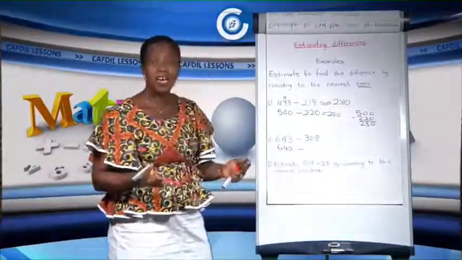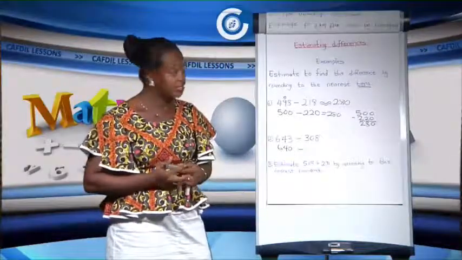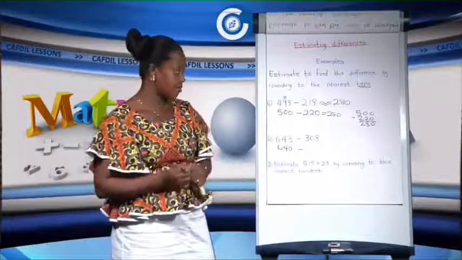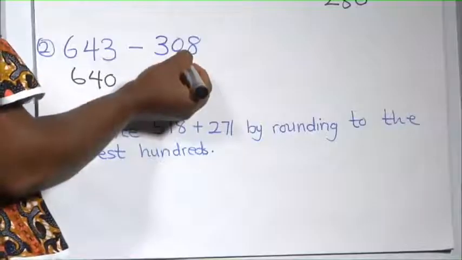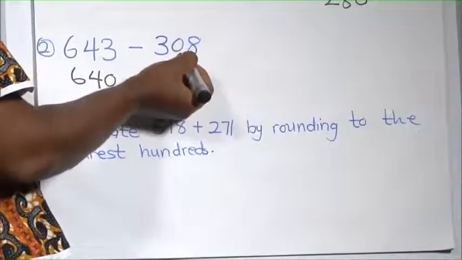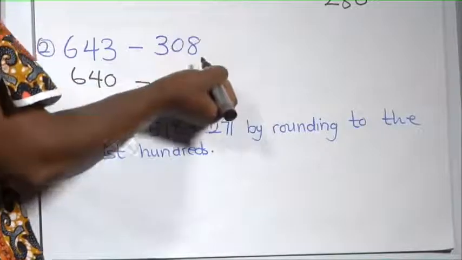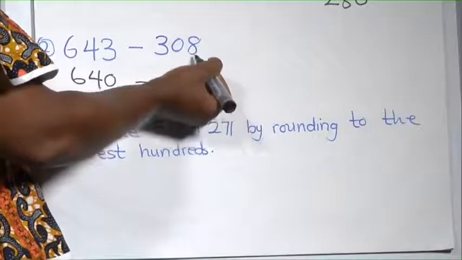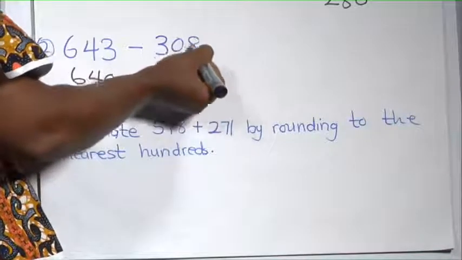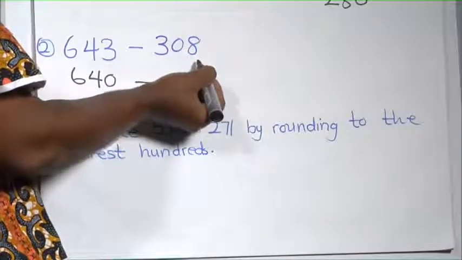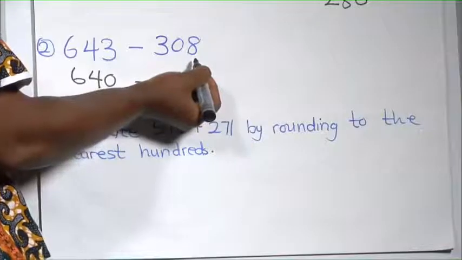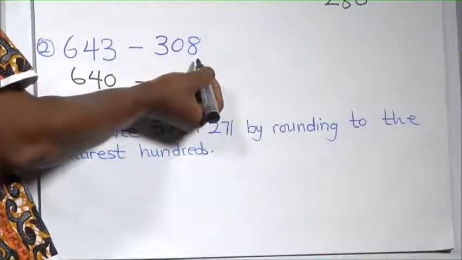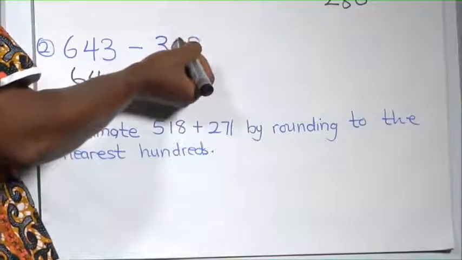We will bring our sign. We have 308. Rounding it to the nearest tens, we will check. We have 0 here. Okay, we want to round it. We are going right to our next door, which is the ones place. We have 8 over here. It is more than 5. So we will add 1 to the 0.